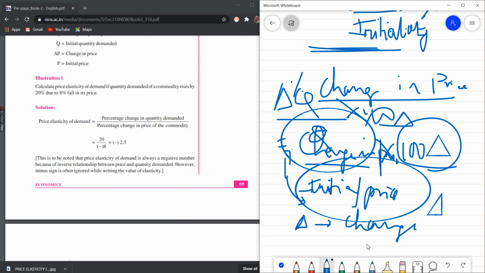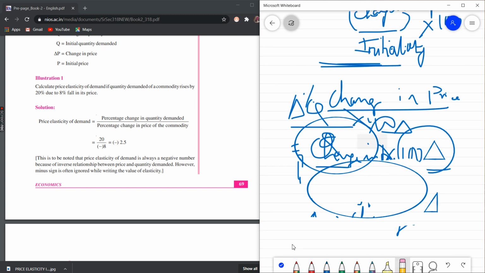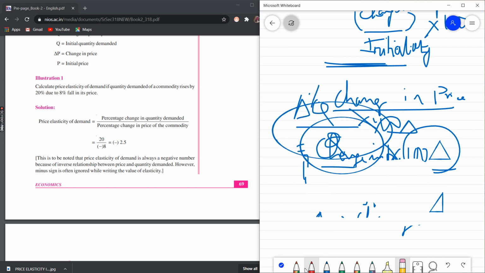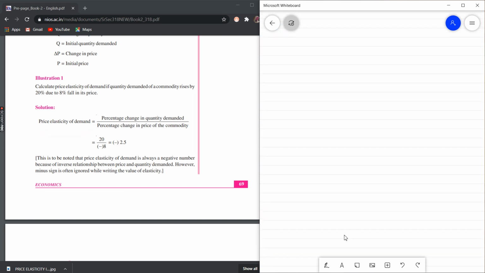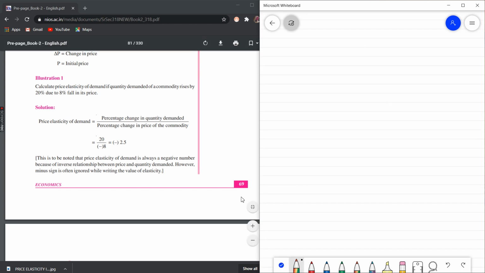Let's do illustration 1. Calculate the price elasticity of demand if the quantity demanded of a commodity rises by 20% due to an 8% fall in its price.